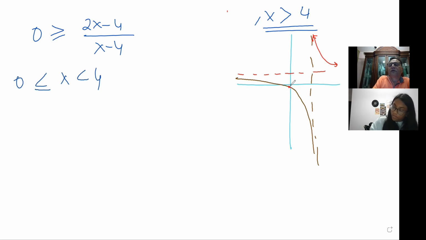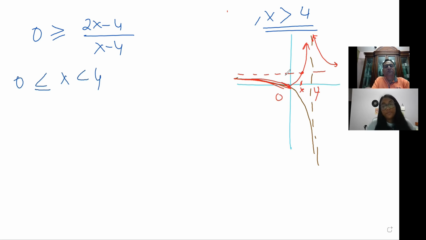This is going through 0, right? So we have a graph like this. Is that okay? That is our graph. And we are looking for this value now.